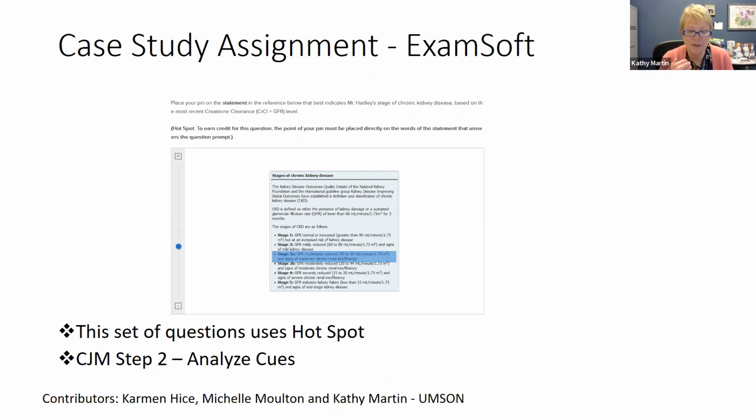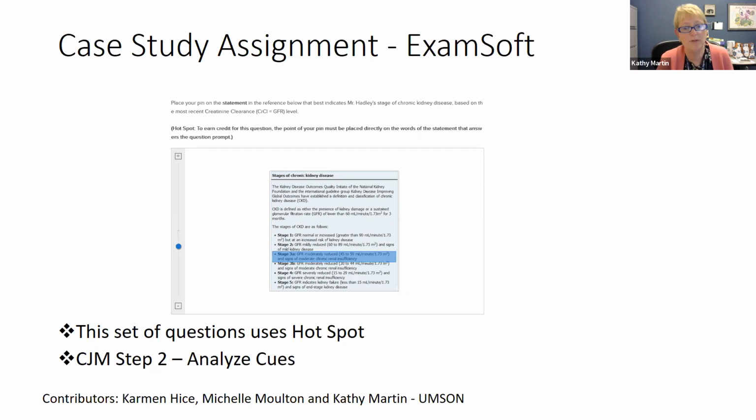The students have to decide if they're going to administer or hold the medication based on the information in the case. So this is really meant to replicate the processes that nurses engage in every single day, while in the background accomplishing our goals of using technology that is similar to the next generation NCLEX processes.